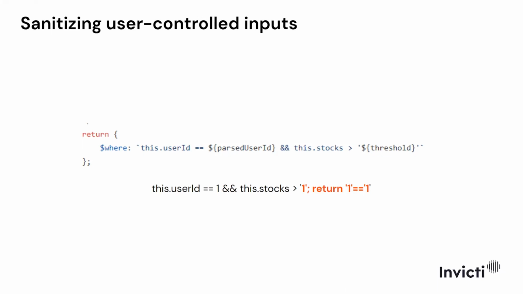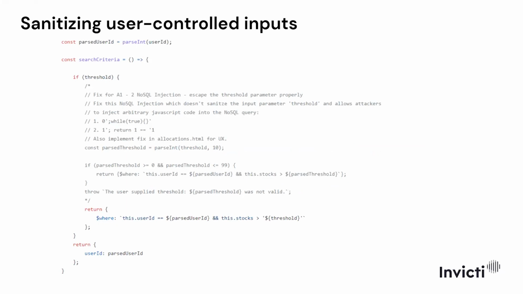So how does OWASP suggest that we should fix this? The suggested solution that you can see in the comment focuses on input sanitization and validation by casting the threshold parameter to an integer and then checking if it's between 0 and 99, which is good. There's nothing really wrong with it.